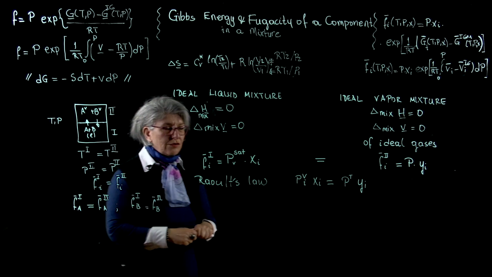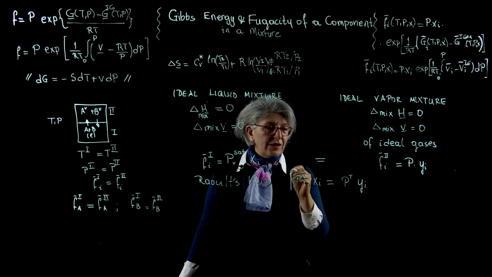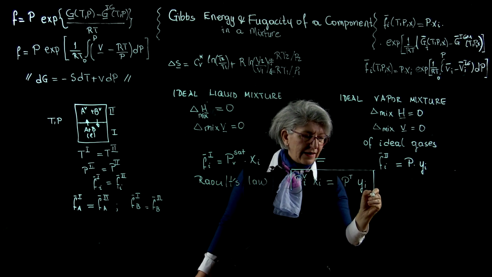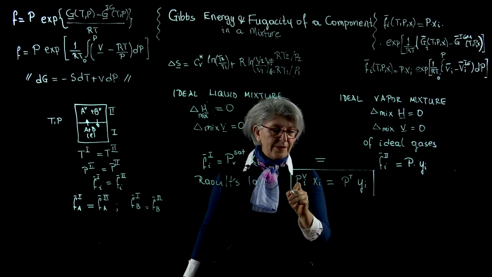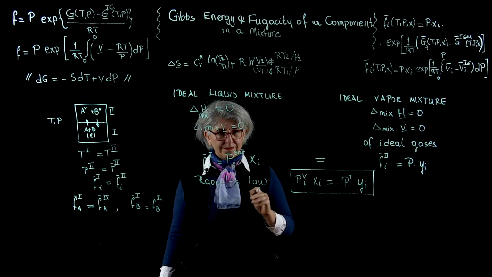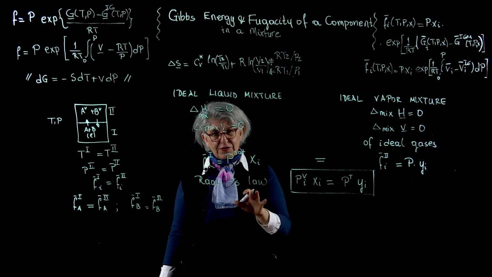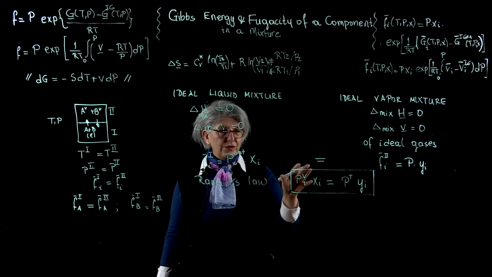So this is the Raoult's law. This is the simplest approximation of the vapor-liquid equilibrium estimations, and we are now going to introduce correction factors to the Raoult's law.